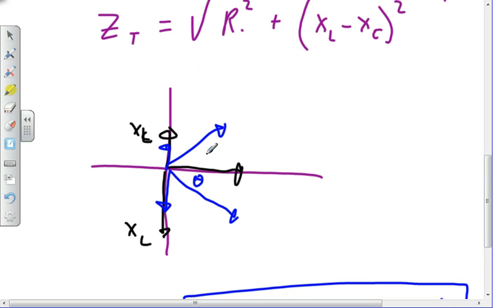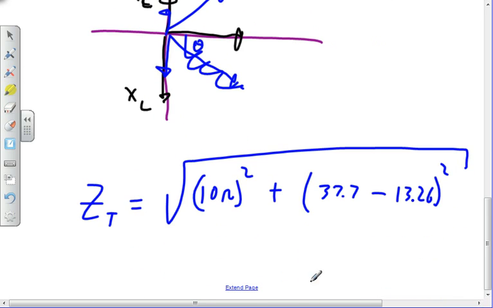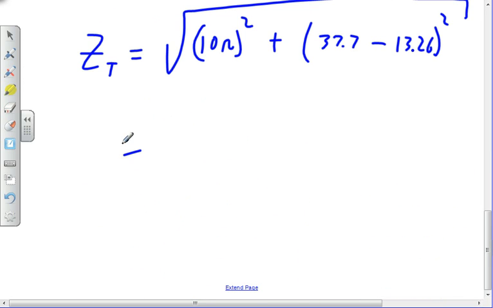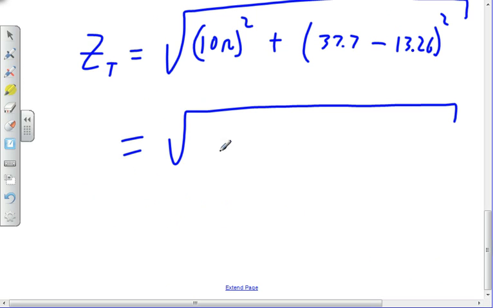So really I'm going that way, not that way, because the X of C guy is smaller. Square root of 100 plus 24.4 squared. All right, ready for my calculator.